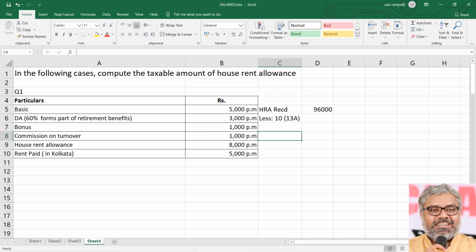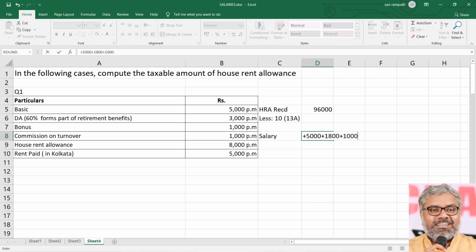So what will be salary for this purpose? That is the first point we should calculate. Salary for the purpose of HRA will be first of all basic, that is 5,000 rupees per month, plus DA forming part of salary. DA is actually 3,000 rupees per month, but only 60% forms part of retirement benefits, which means only 1,800 should be taken here, 60% of 3,000, plus commission on turnover 1,000.